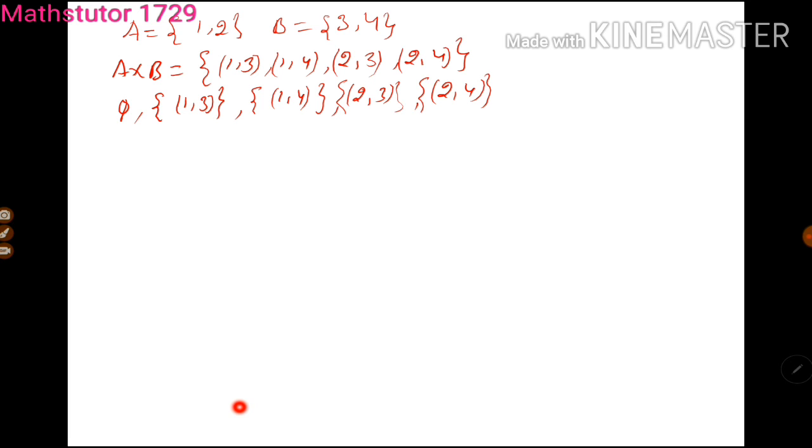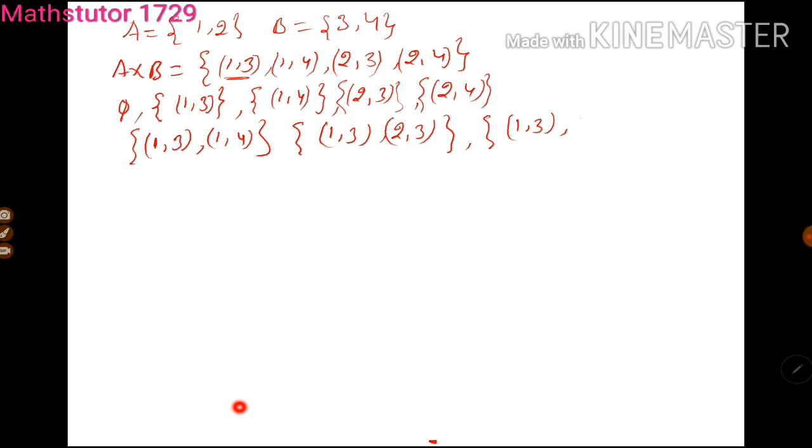Now collect the two-element subsets. The set containing (1, 3) and (1, 4). Now fix the element (1, 3). Next set is (1, 3) and (2, 3), and the next set is (1, 3) and (2, 4).